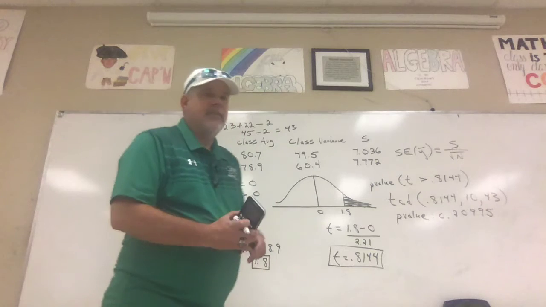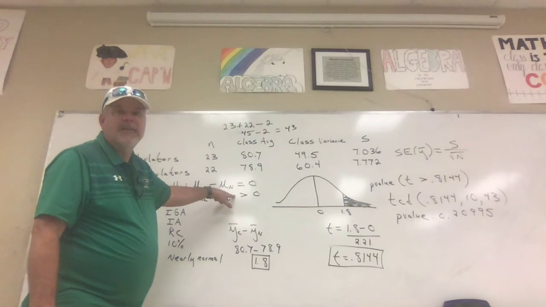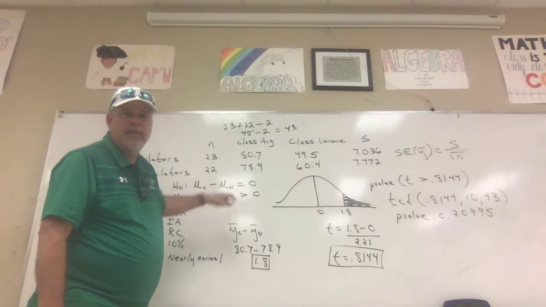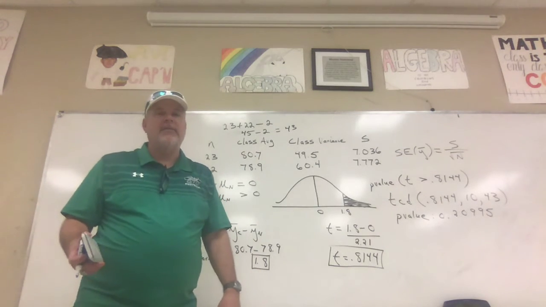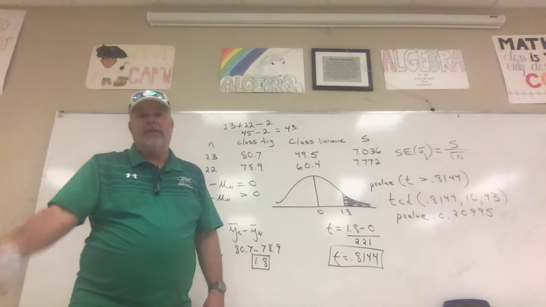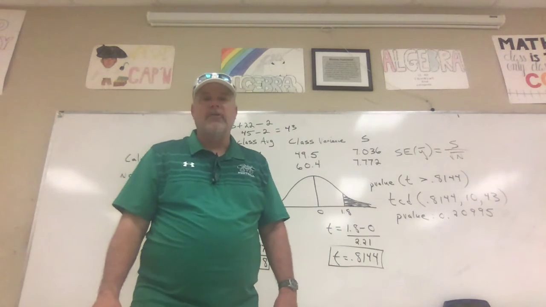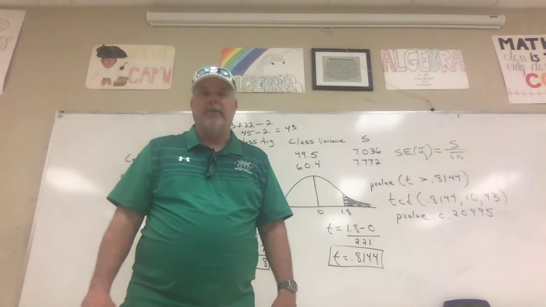I have statistical evidence that there is no difference in average scores between the two classes. And if I want to take it a step further, I have no evidence for all the students in these 18 classes that there is no difference between their scores, whether they got to use a calculator or didn't get to use a calculator.